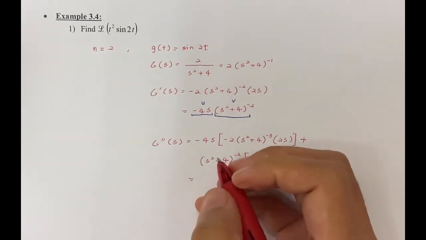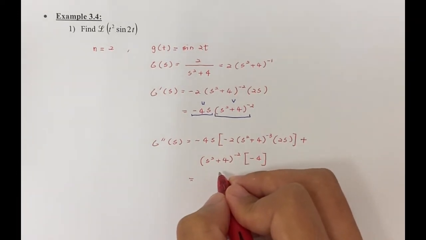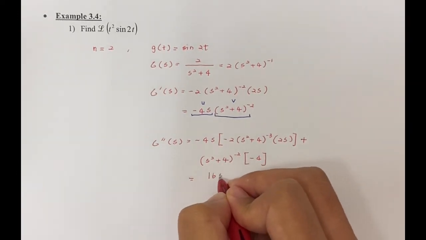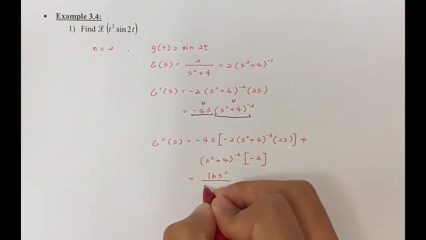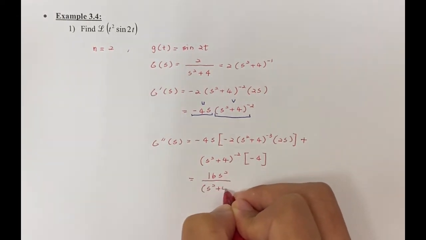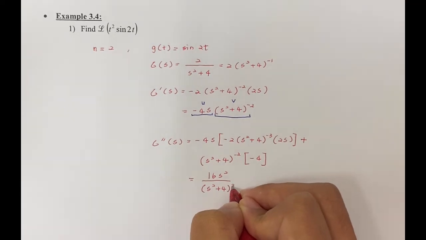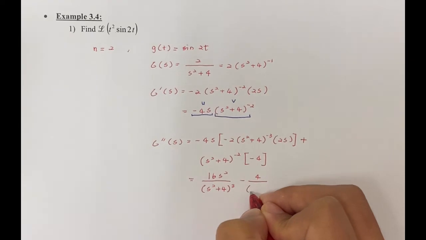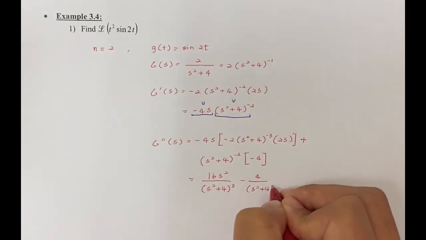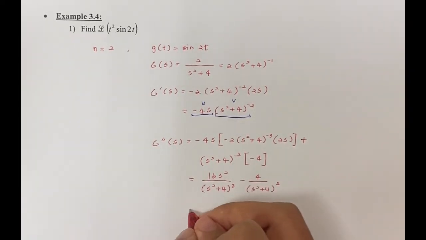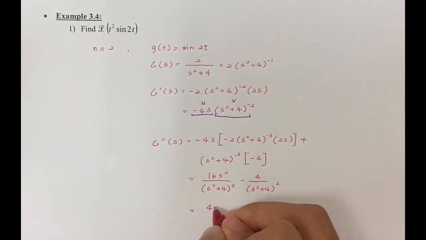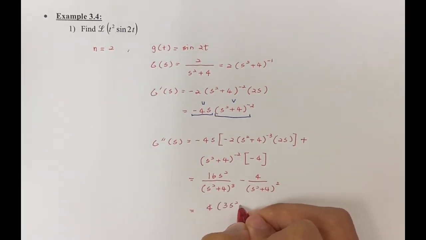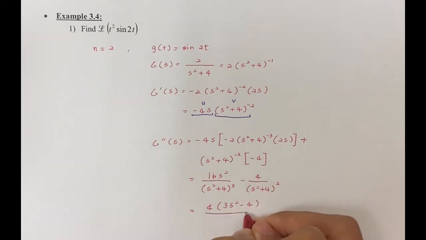Simplify this, you have 16 s squared over (s squared plus 4) cubed minus 4 over (s squared plus 4) squared. And this is equal to (12 s squared minus 16)... which simplifies to 3s squared minus 4 divided by (s squared plus 4) to the power of 3.